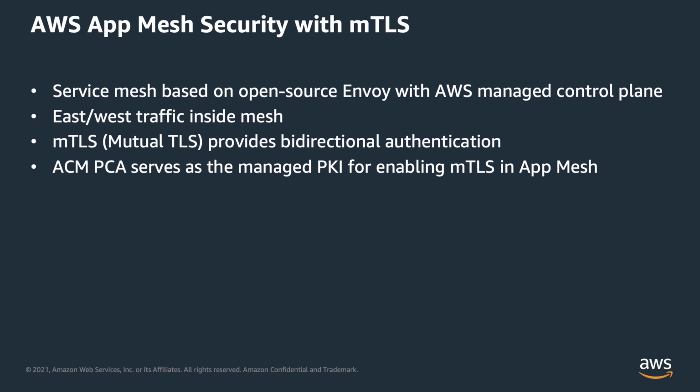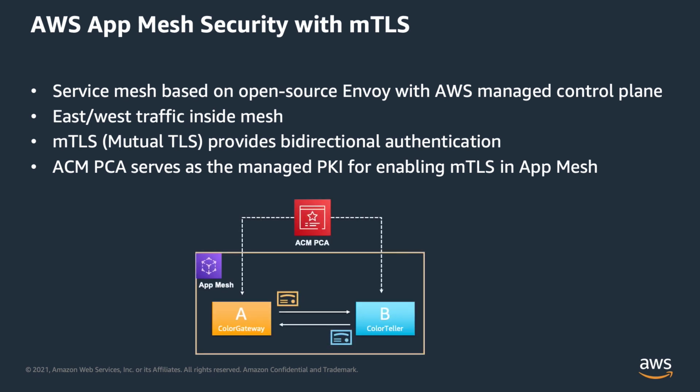It takes care of all of that complexity for us. So the system that I'm going to describe is a simple system with two communicating entities which will engage in an mTLS exchange where the certificates are derived from ACM PCA. The two entities are known as color gateway and color teller in my examples.